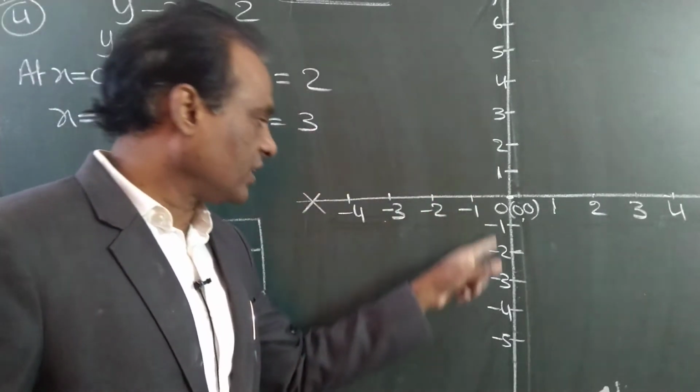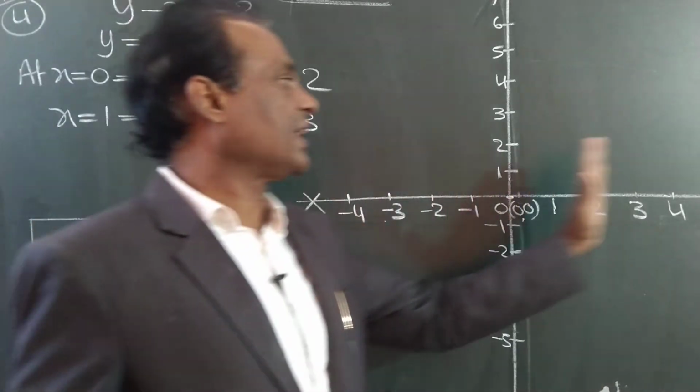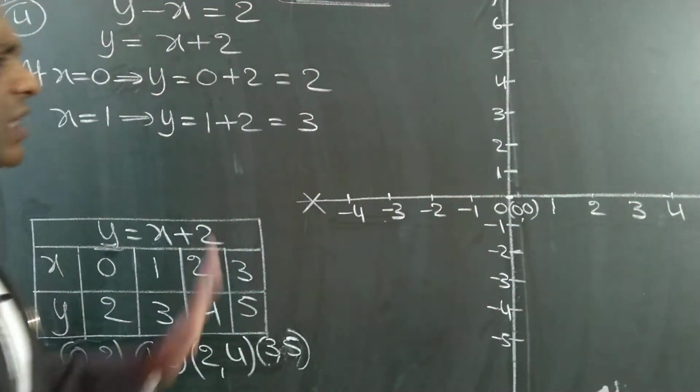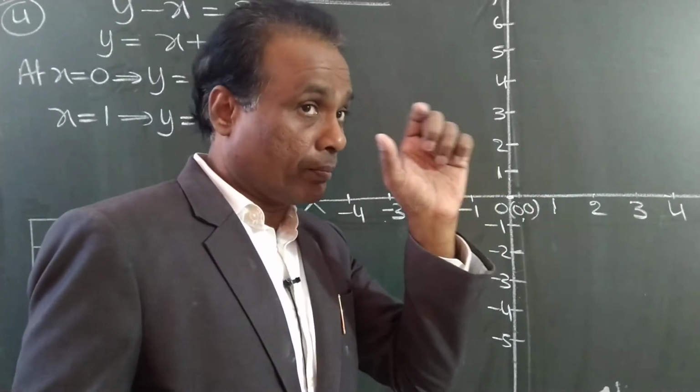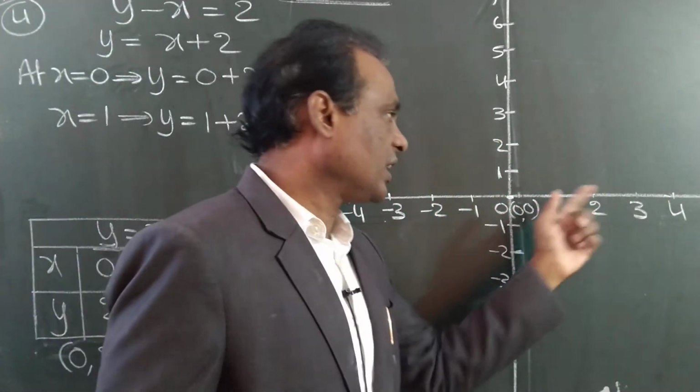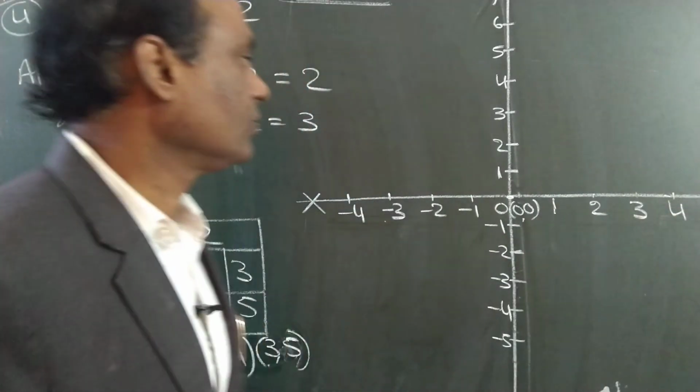Positive x and y values, negative y values, negative x-axis, positive x-axis. Like this, we took the numbers. Each box you take as 1.